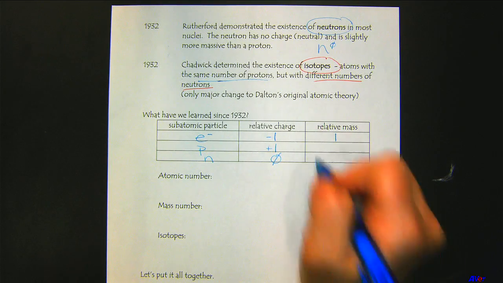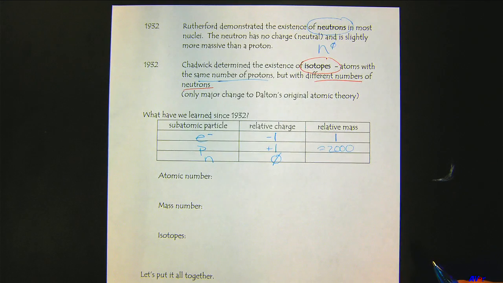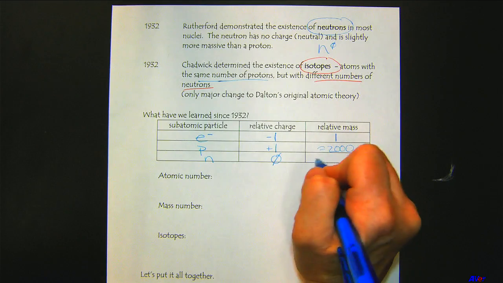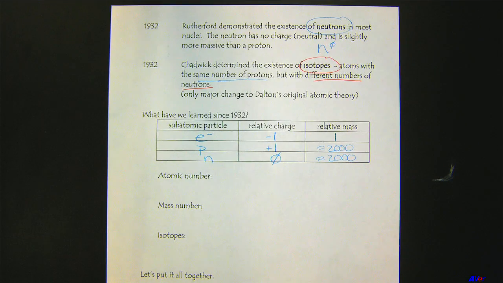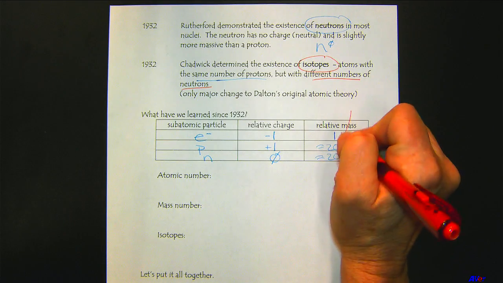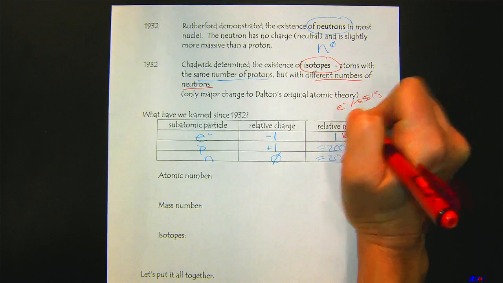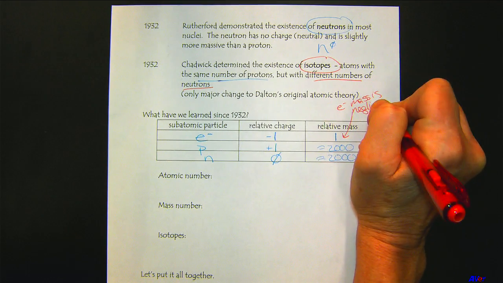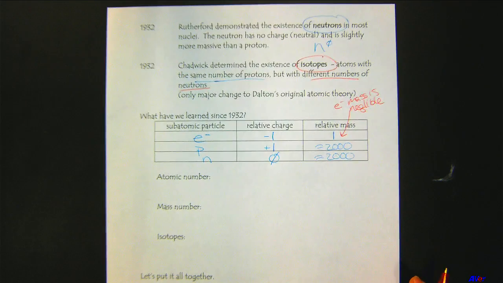And if we do that, the protons are almost 2,000 times heavier. And the neutrons are slightly heavier than the protons, but for our purposes, this is enough. So basically what this tells us is that the electron mass is negligible. We can really ignore it. When we're looking at the mass of an atom, it's the protons and neutrons that create the mass.